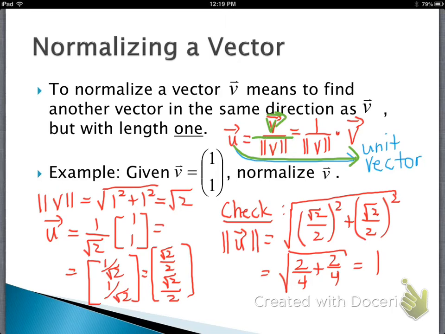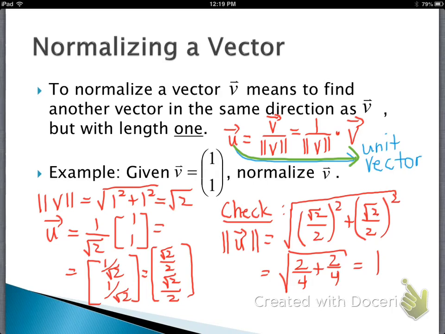Another way to say that is you take 1 over the length of v times v, because that's just a scalar, times v.